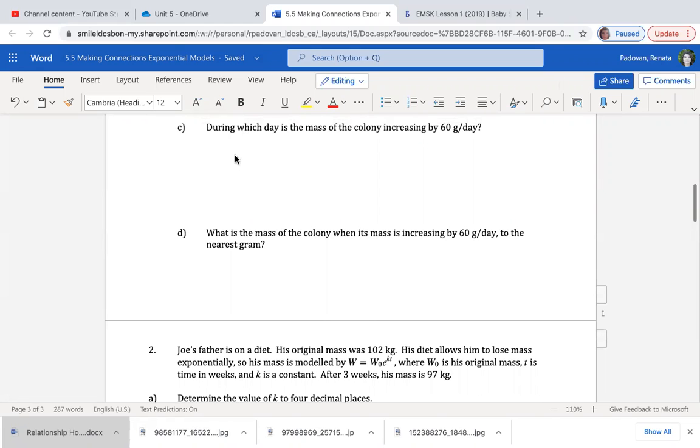So rewriting our derivative before I set it equal to 0, my derivative was 20 times ln of 3 multiplied by 3 to the power of x, or it could have been 20 multiplied by 3 to the exponent x multiplied by the ln of 3, depending if you rewrote it that way or not. Same thing, right?